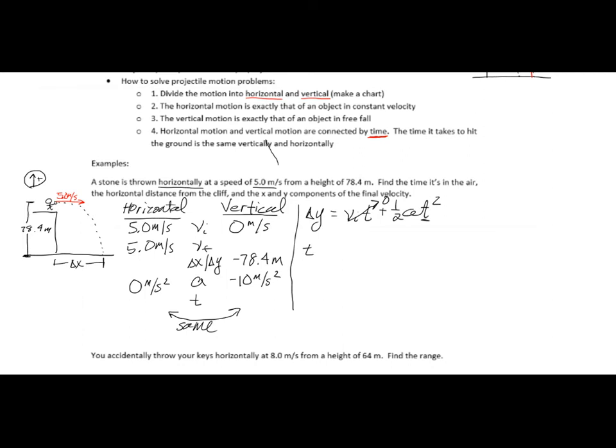So what we end up with is t equals the square root of 2 times delta y divided by a. And it's t squared, so we take the square root. Fill that in, 2 times negative 78.4 meters divided by negative 10 meters per second squared.